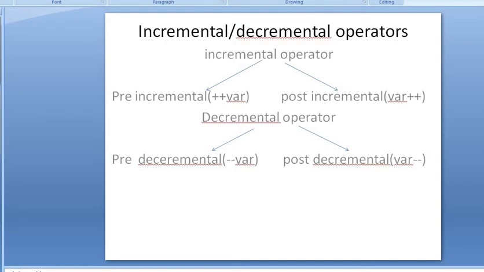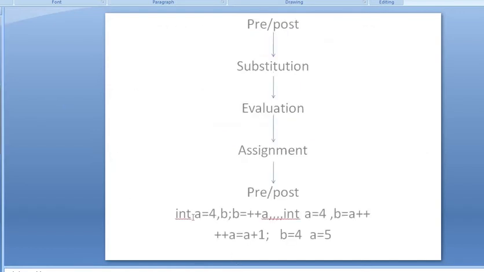Let us see, taking an example. Here I am taking a variable a and assigning it the value 4, and another local variable, b. As b is a local variable, it is first initialized with a garbage value. First we'll take the pre-incremental operator.